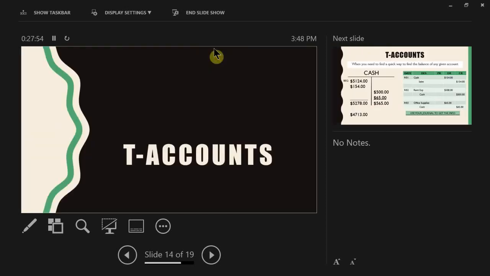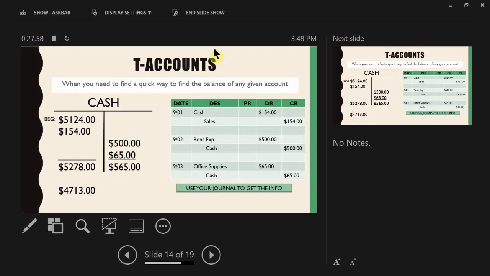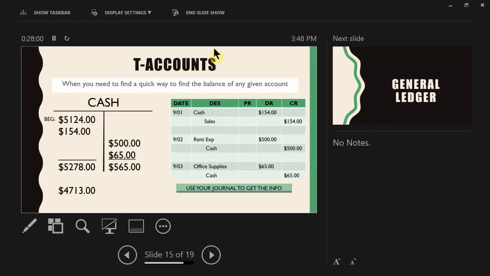Okay, good. Now we're going to be looking into T accounts. So T accounts, right? It's pretty straightforward. It's a simple way to make sure that you know how much money you have at the end of the day, or what balance you currently have in each account.